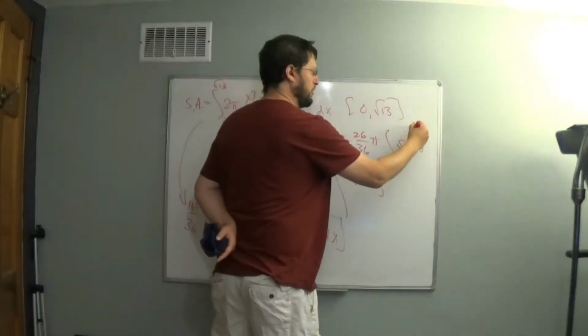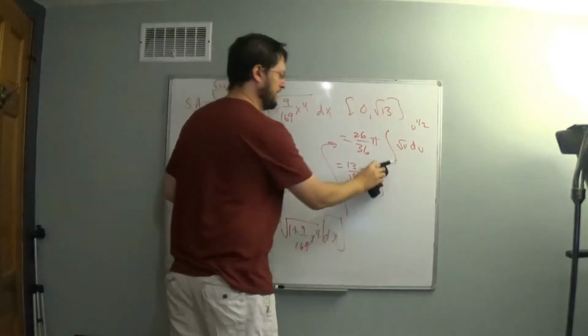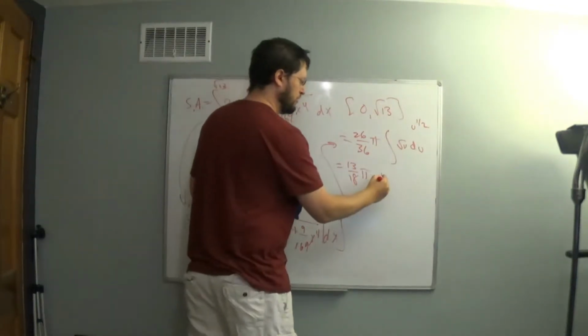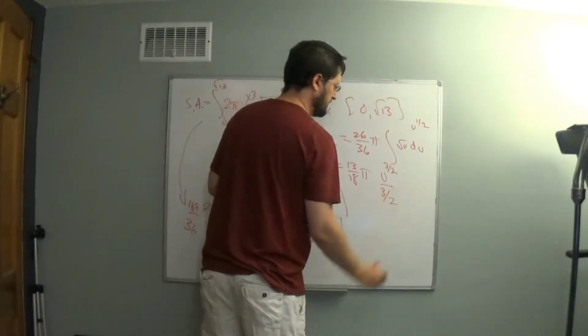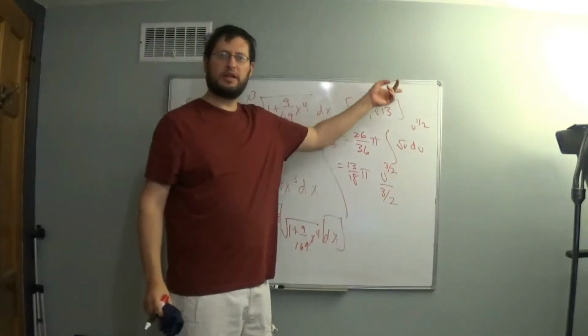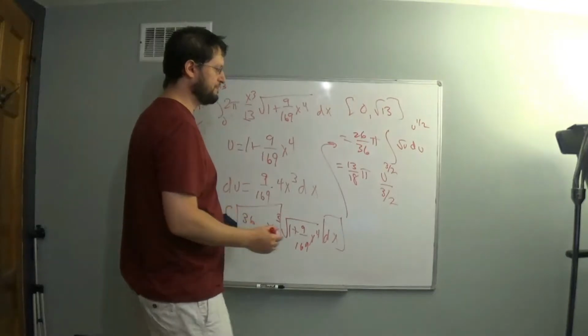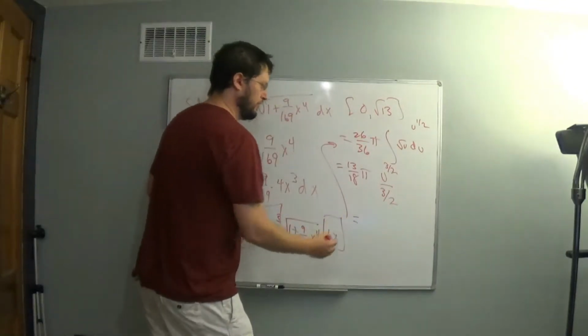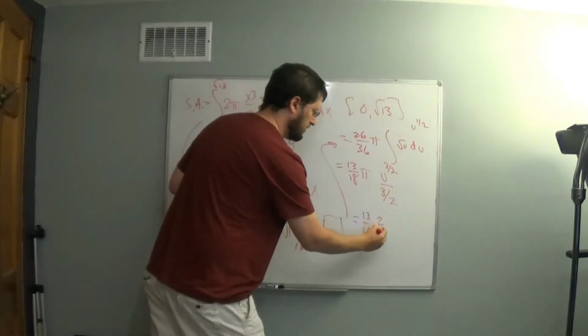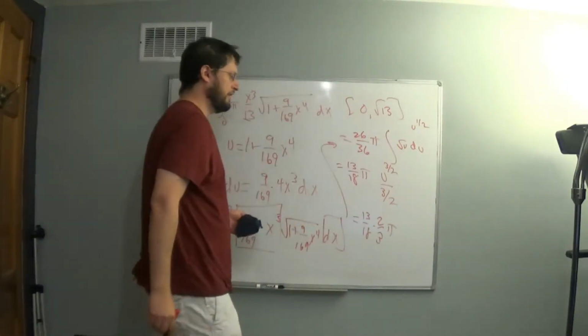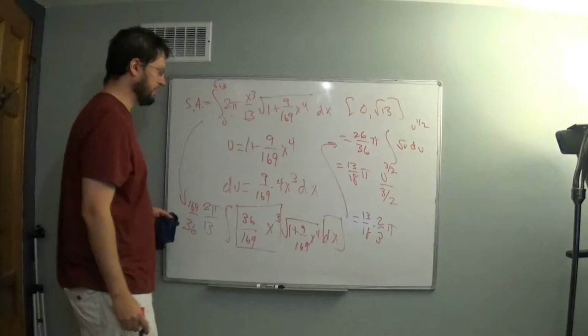Square root of u is u to the 1/2, so it integrates to u to the 3/2 over 3/2. Add 1 to the exponent, divide by the new exponent. So that's 13 over 18 times 2/3 times pi times u to the 3/2.